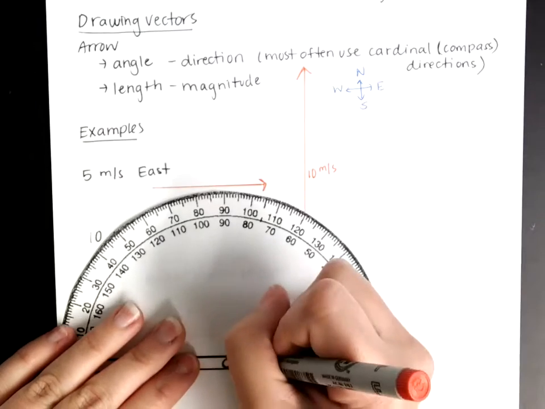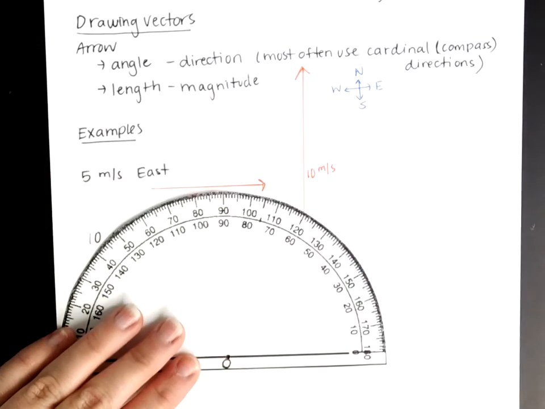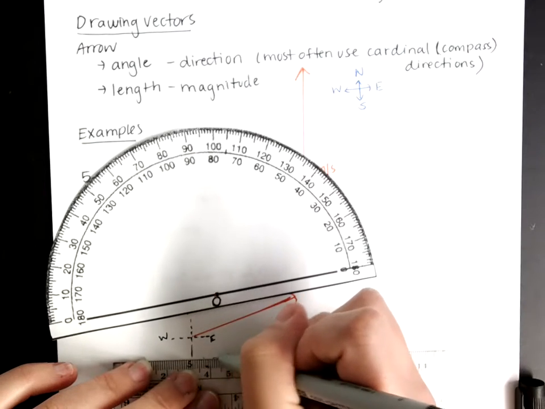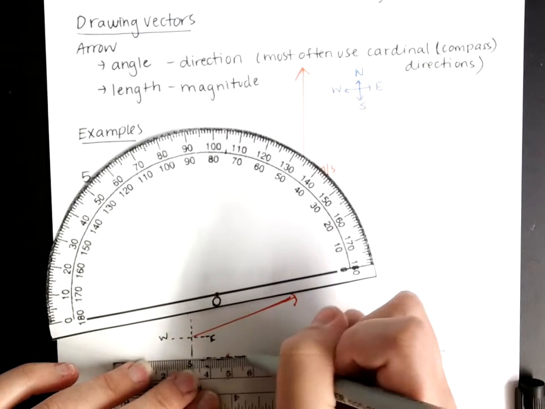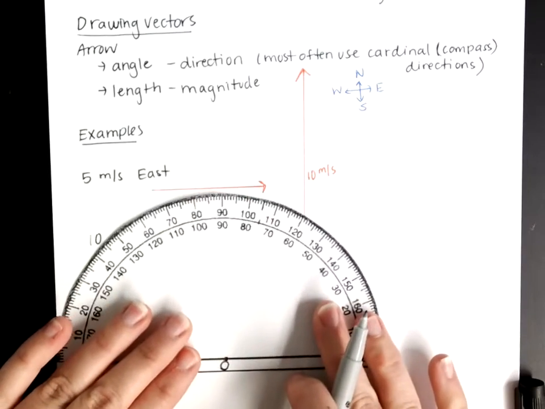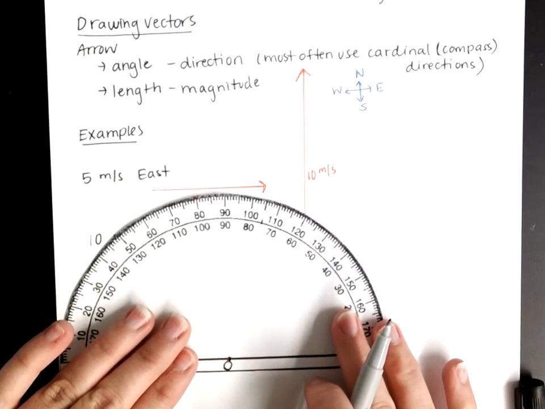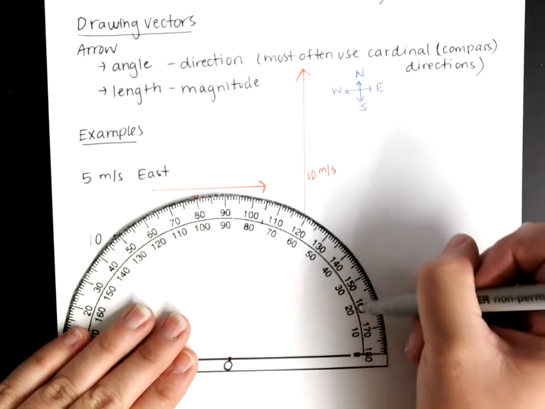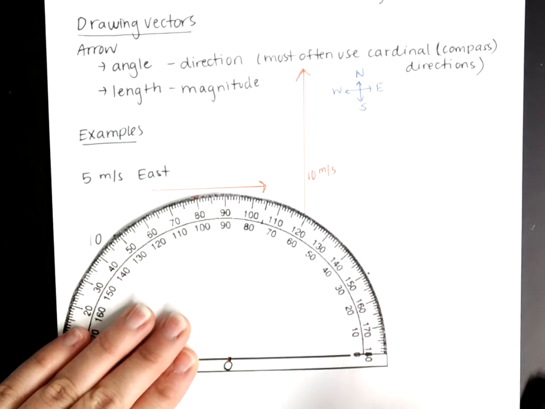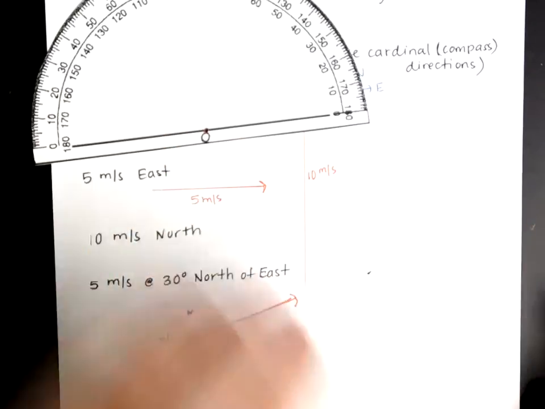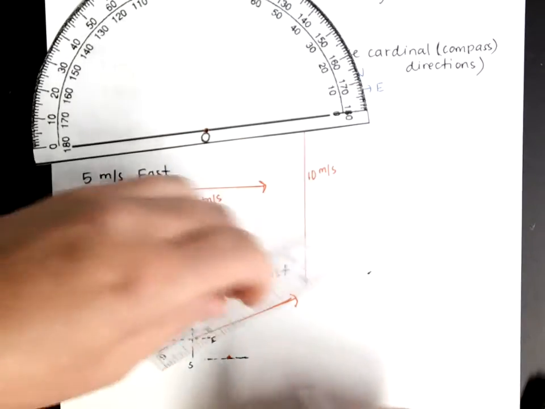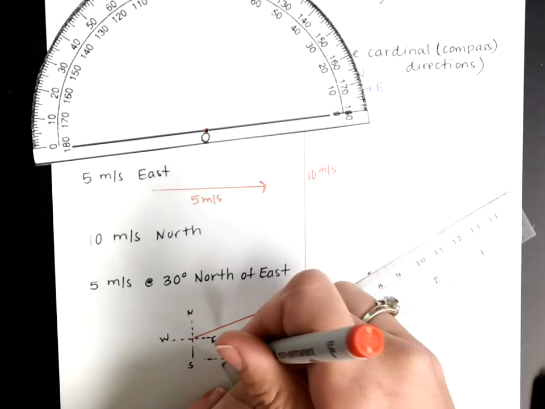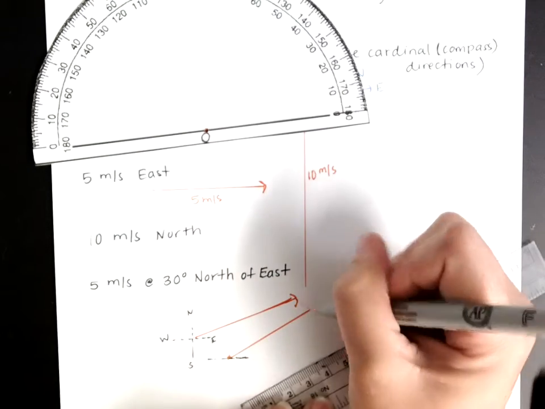So here's my center. This is my line underneath. I want these lines to match up. That looks pretty good. Then I'm going to go, okay, here's 0, here's 10, here's 20, here's 30. So it should be aimed with this little dot from this center, and it's 5 centimeters long. There we go.